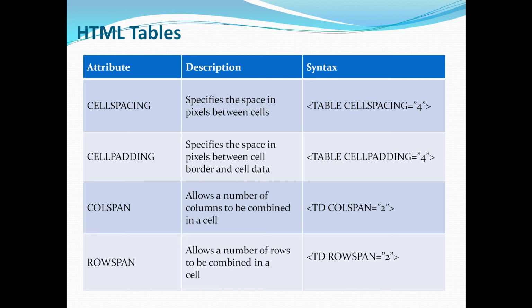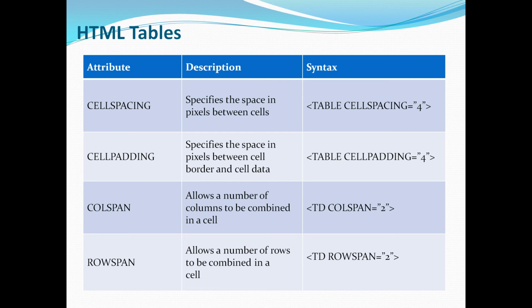By using cell padding, we can reserve some space between the data and the border. For example, table cell padding equals 4. We can give not only 4, we can give any number. That many pixels of space will be allocated between the border and the data.